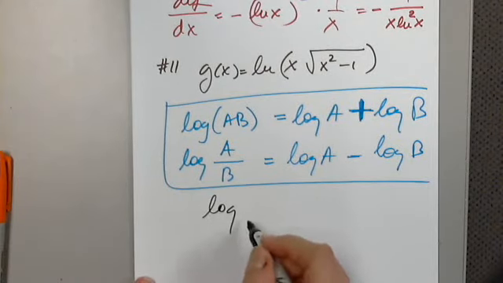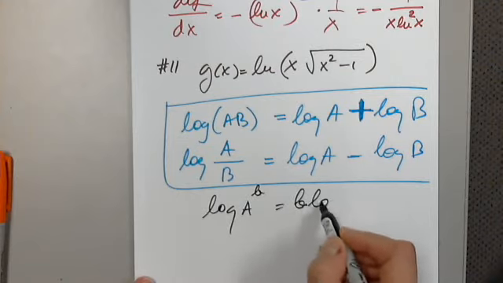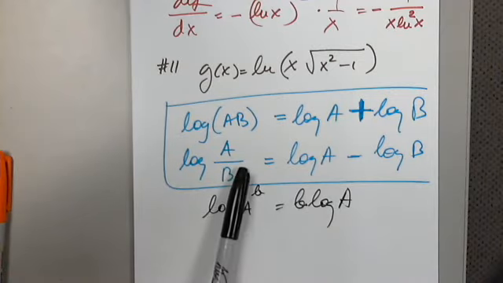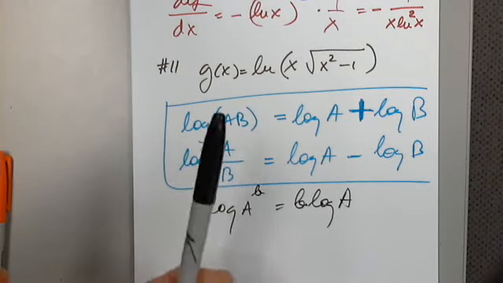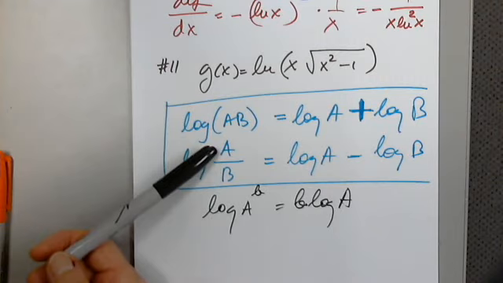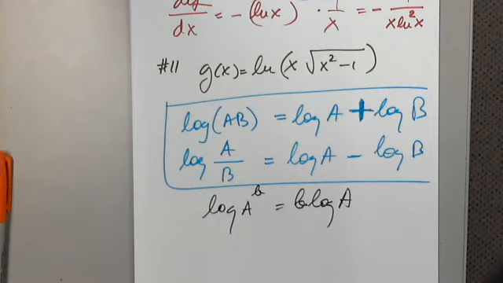So log in any base of A raised to B is the same as B times log in that base of A. So these are the three properties: the power rule, the quotient rule, the product rule. One more time from the top to the bottom: product rule, quotient rule, power rule.